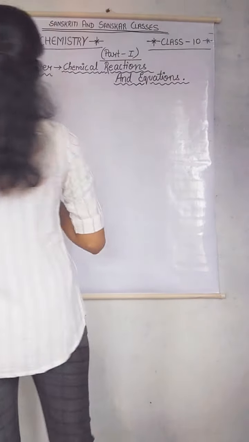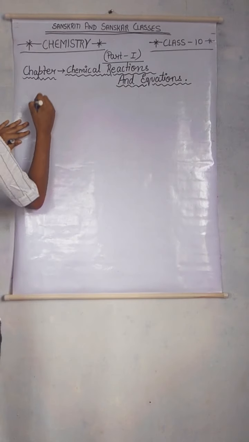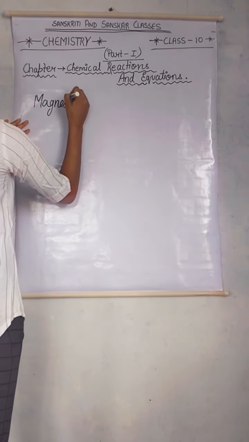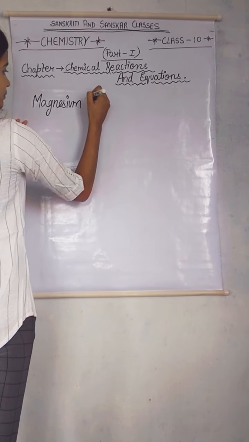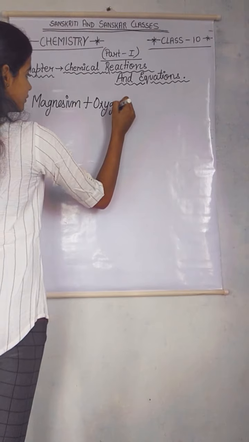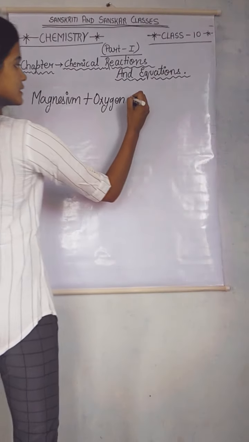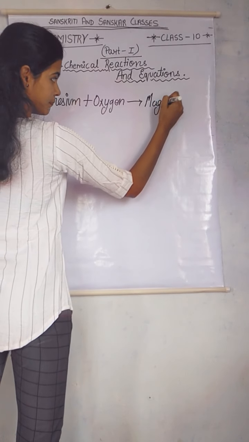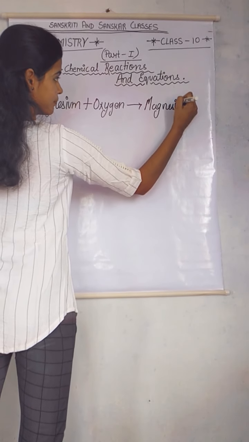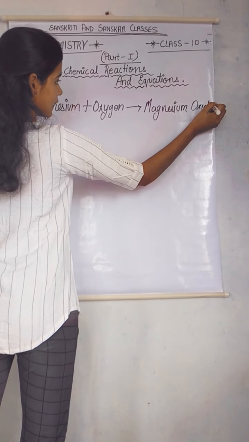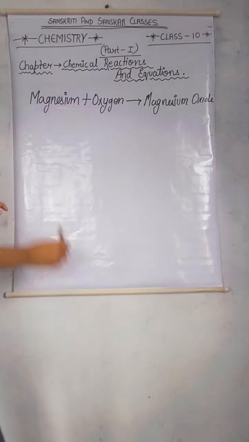And the equation for that is magnesium plus oxygen found in air is giving us magnesium oxide, that is collected in our watch glass.